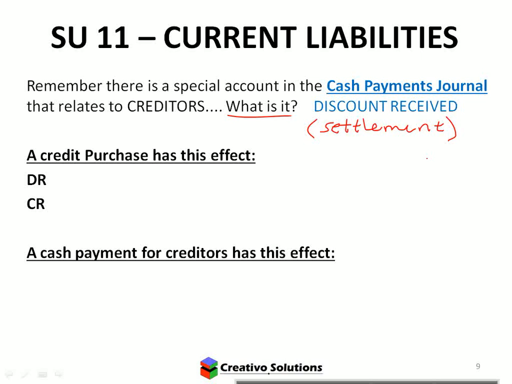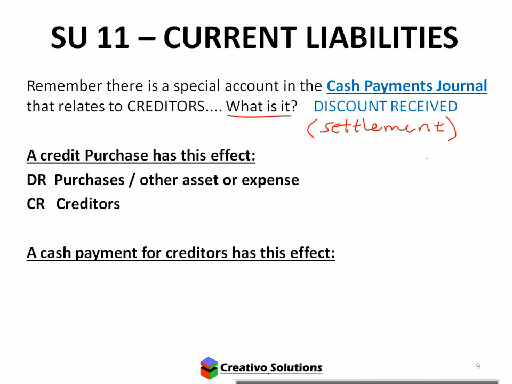Right, so do you know what to debit and credit if I have a purchase? Do you guys still remember? We just looked at it. Debit the purchase, credit the creditors. That's the first step. Right, if you are going to be paying your creditor, what are you going to do?